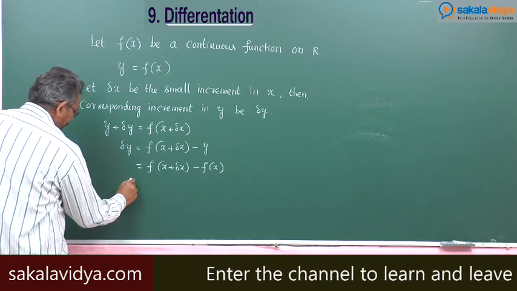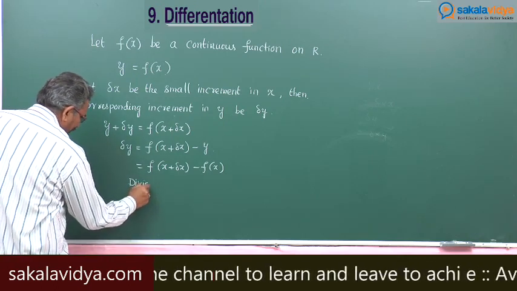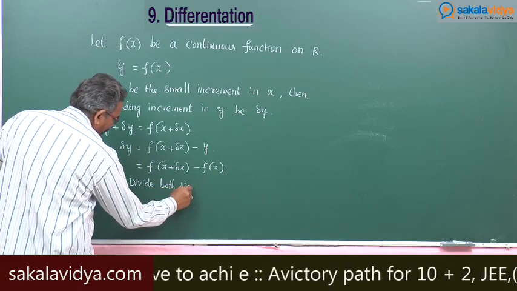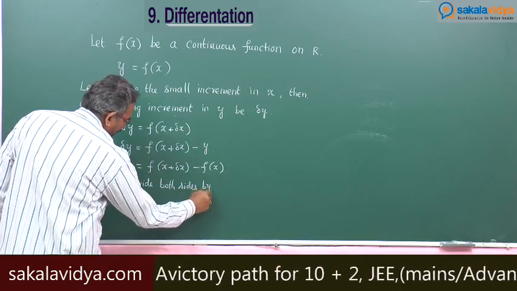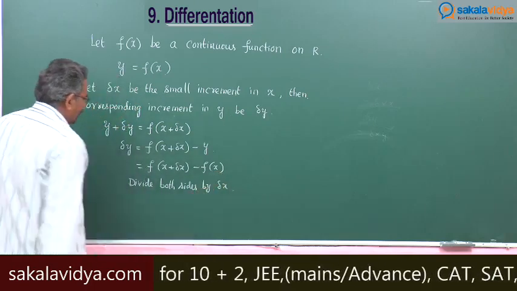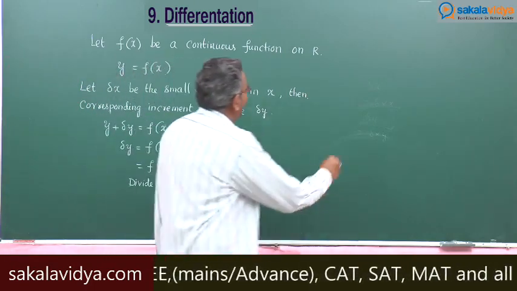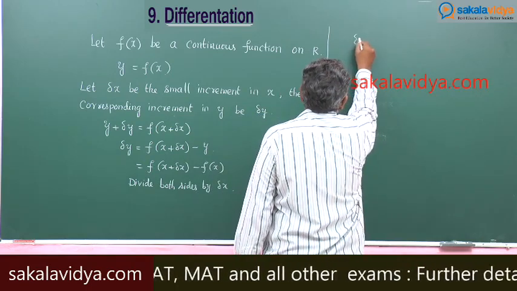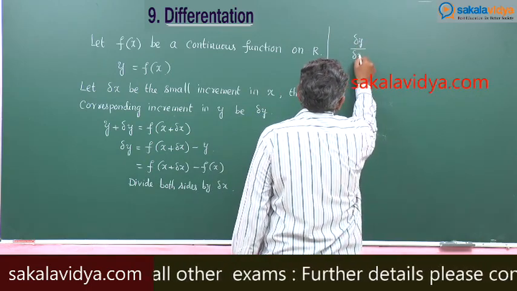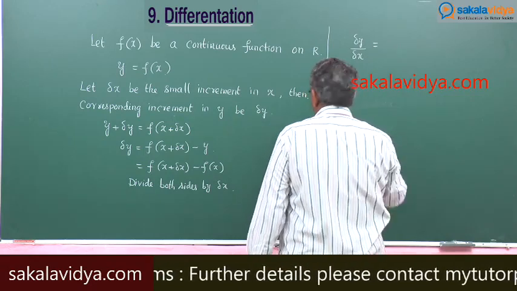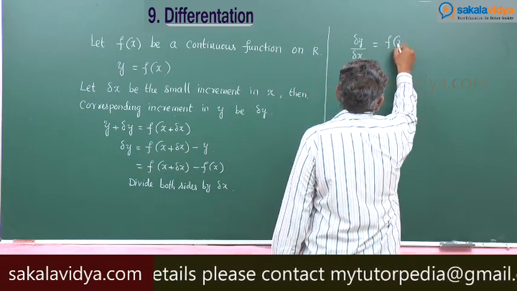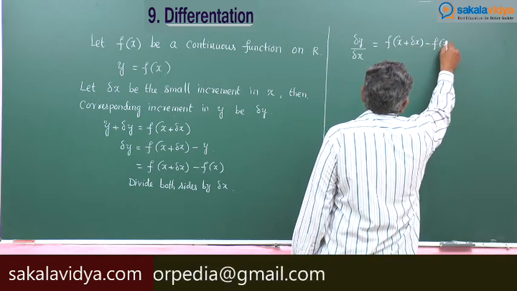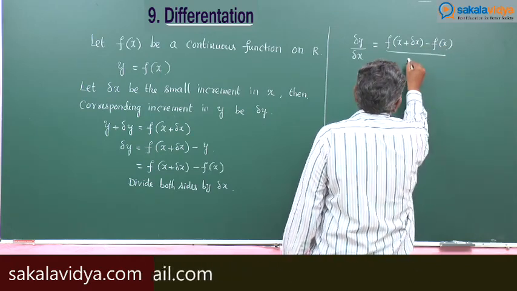Divide both sides by delta x. Now, we can find delta y by delta x equal to f of x plus delta x minus f of x, divided by delta x.